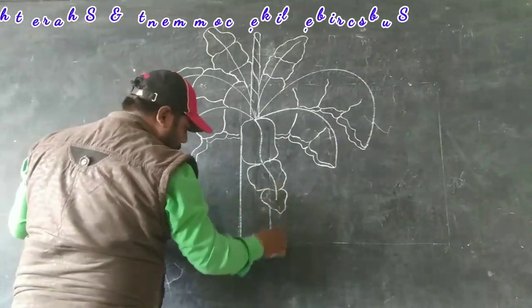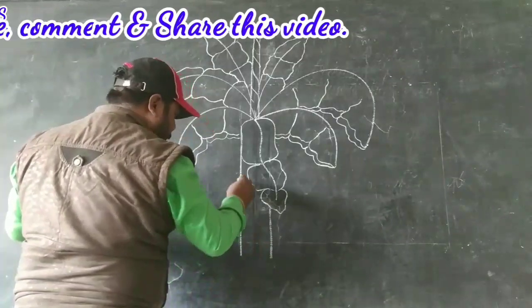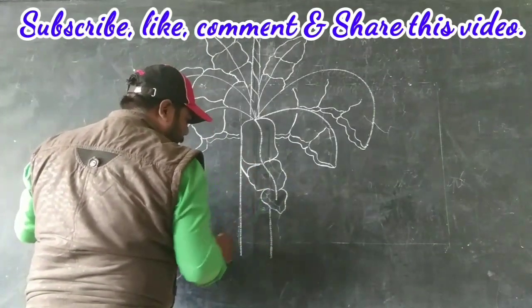Now, rub this one again. Now, what you have to do? You have to cut it like this.